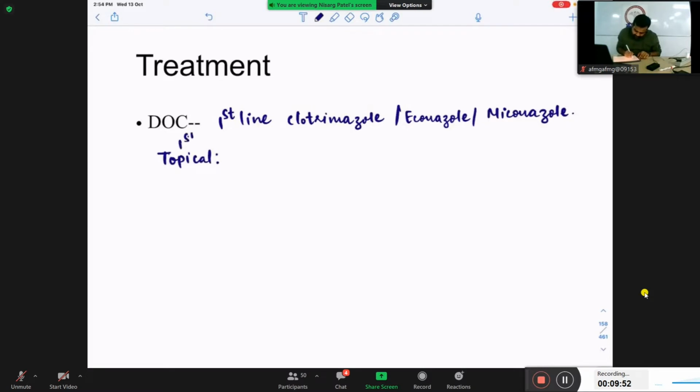First should be the topical treatment. In the topical, we commonly use clotrimazole.